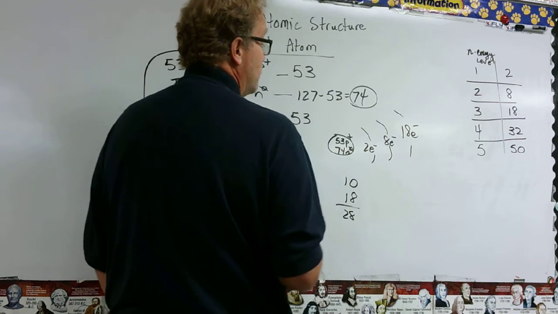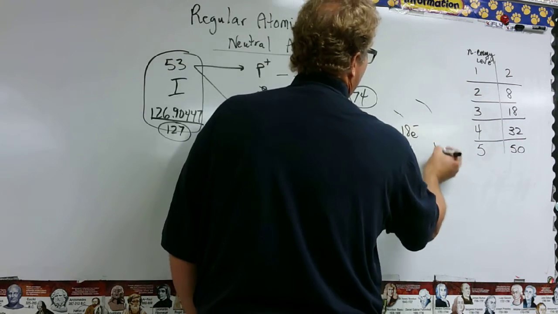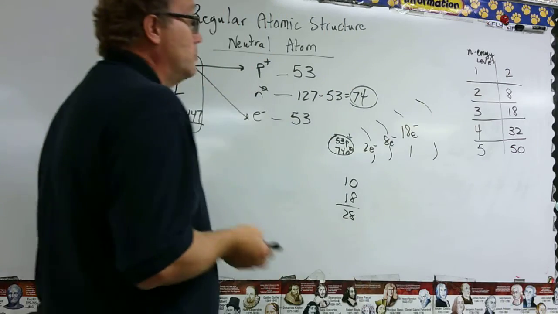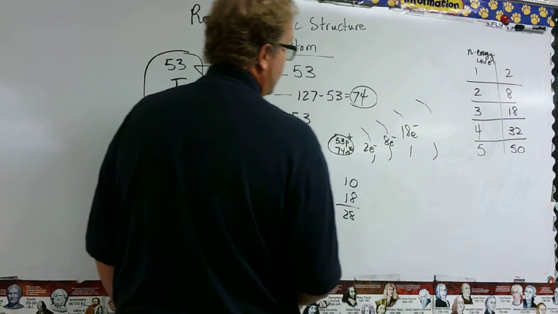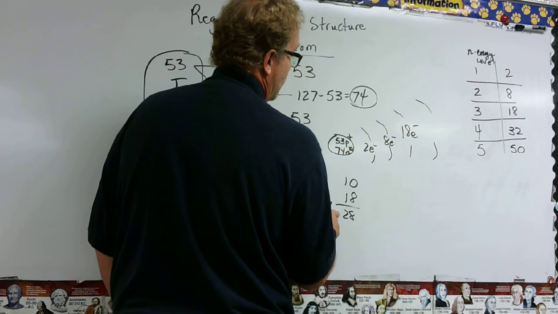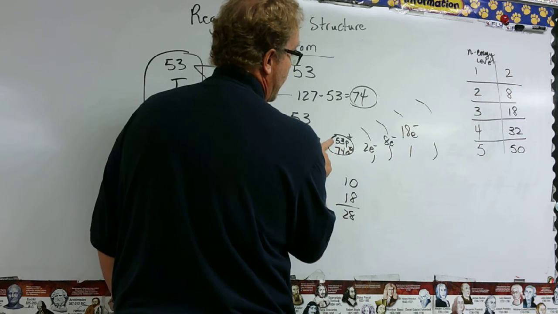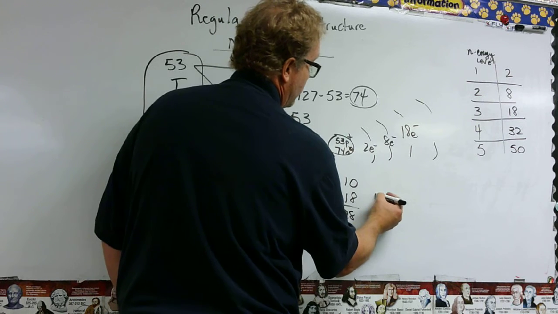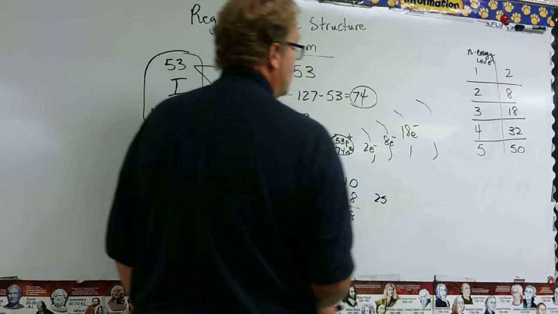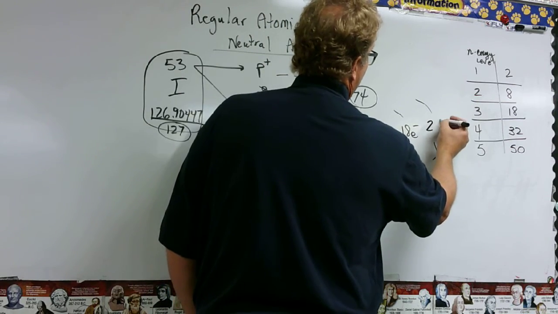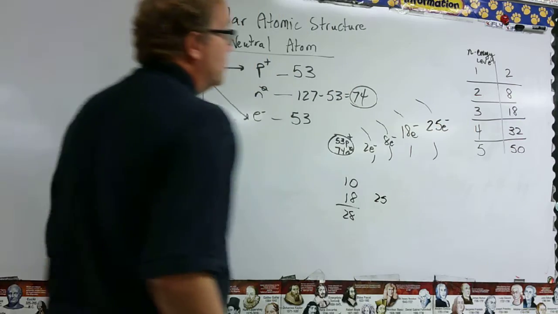I still have to go to 53, but I also know the maximum I can hold is 32. So if I'm going to do that, I'm looking at 28. I've got more I have to put in here. You're actually going to need 25 more electrons to make it equal to your protons. So we got 25 electrons here.